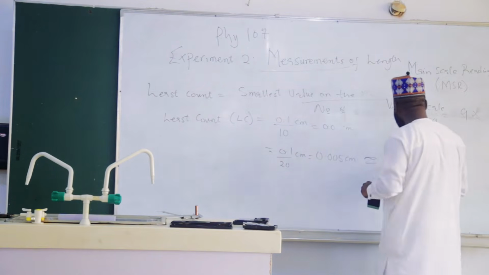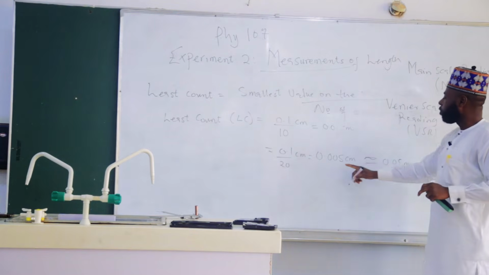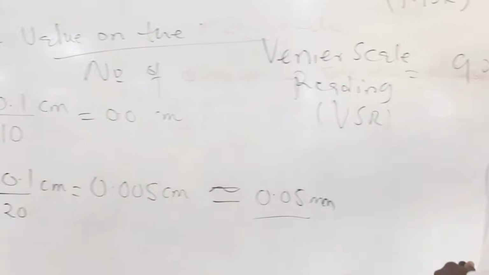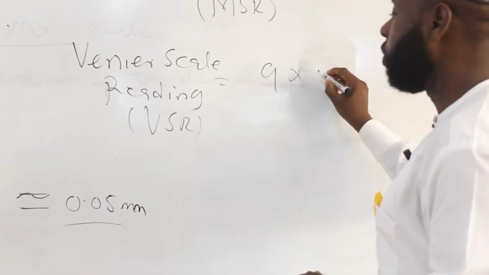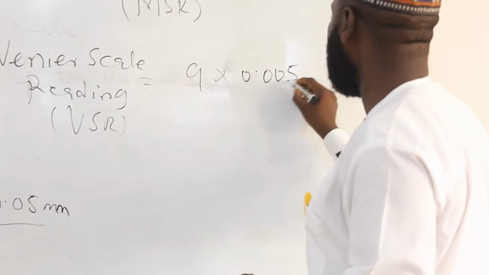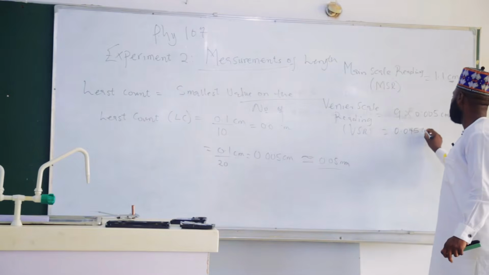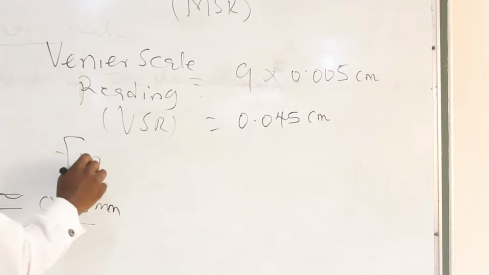But we are not going to use 0.05 millimeter, but rather we are going to use 0.005 centimeter for consistency of our unit. So I'm going to multiply 9 by 0.005 centimeter, which gives 0.045 centimeter.